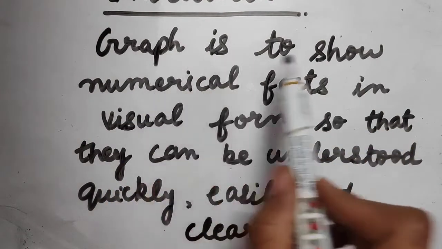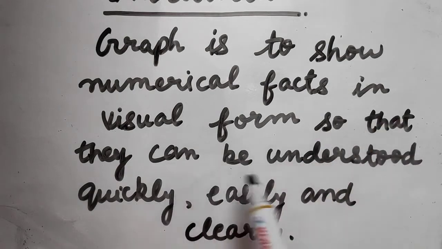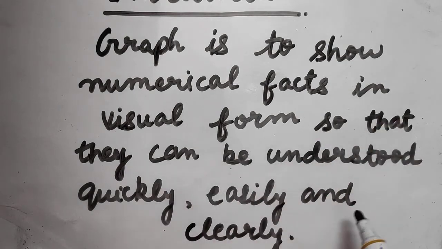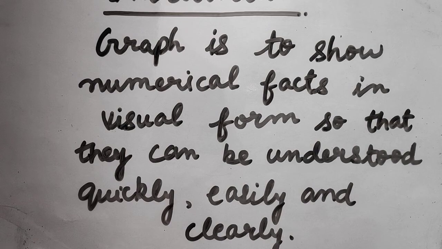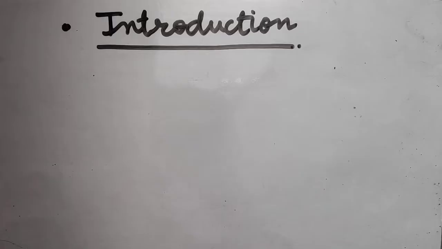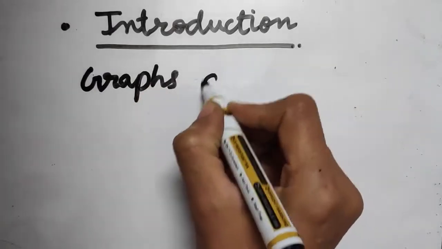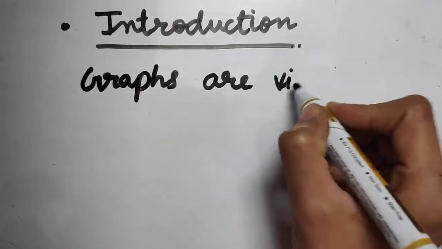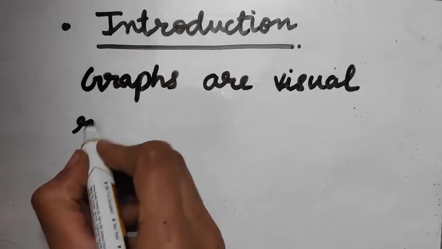That is, graph is to show numerical facts in visual form so that they can be understood quickly, easily, and clearly. So we can say that graphs are the visual representations of data collected.